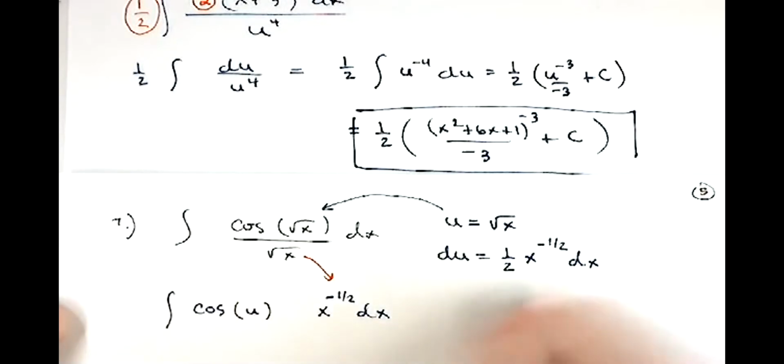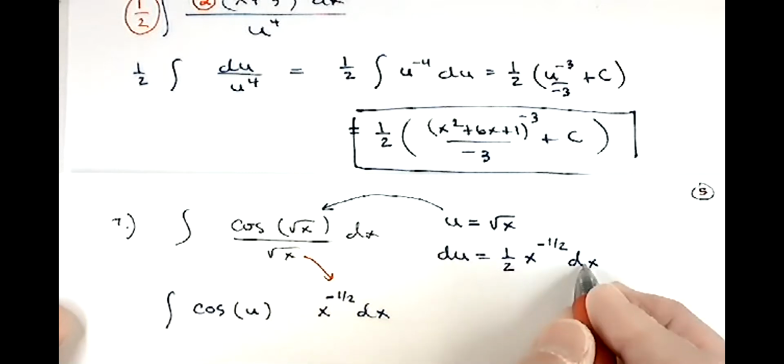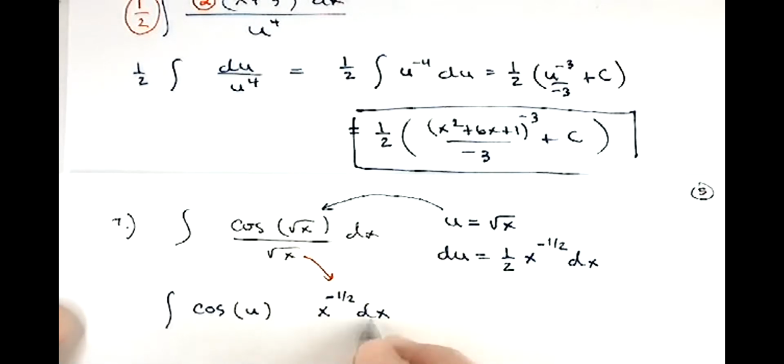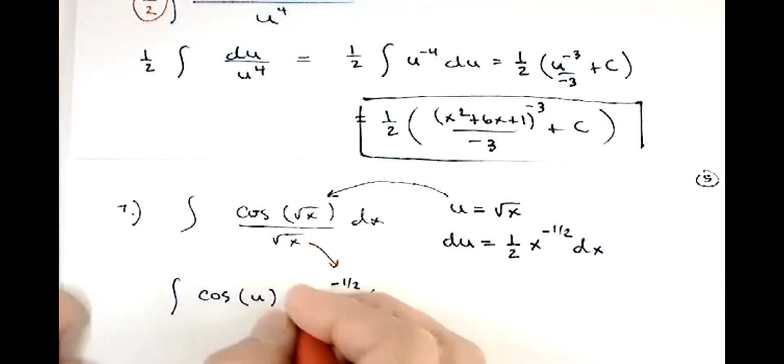And why did I do that? Because look, du, what I was hoping to see so I could trade it in for a du, is 1/2 x to the negative 1/2. But in my integral, I only have x to the negative 1/2 dx. So what do I want to wish for now? What do I wish I had here? A 1/2. Yeah, I want to wish for a 1/2.